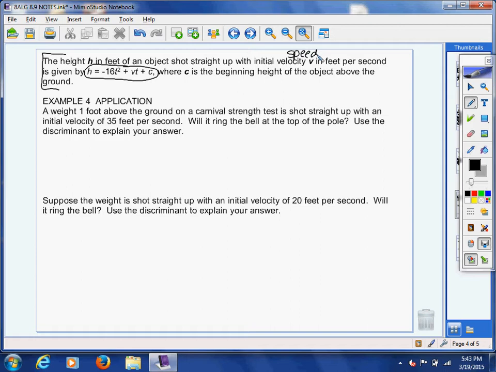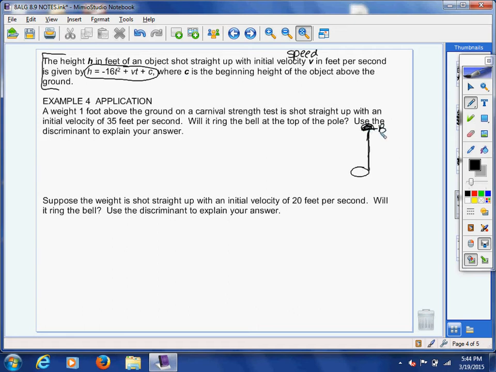So what we have here in example 4, is you have a weight that's a foot above the ground. And it's a carnival strength test, and there's a really neat picture of it in your book if you've never seen one before on page 585. Basically, you've got this weight here, and you're trying to see if you can shoot it straight up and hit the bell here at the top.